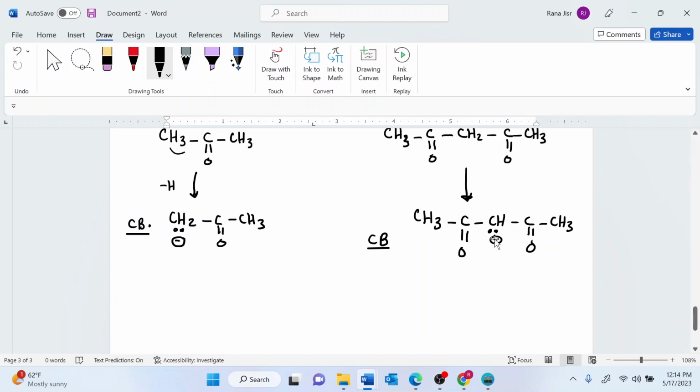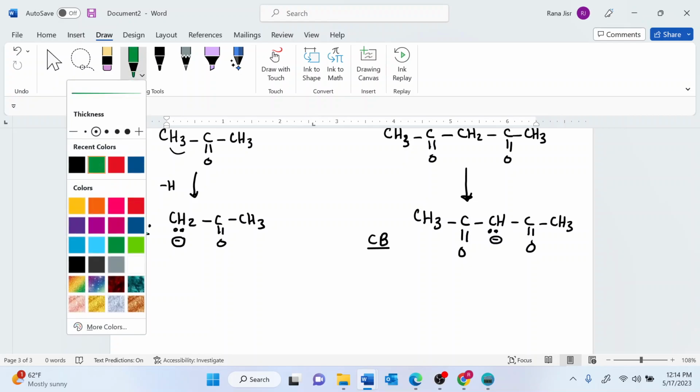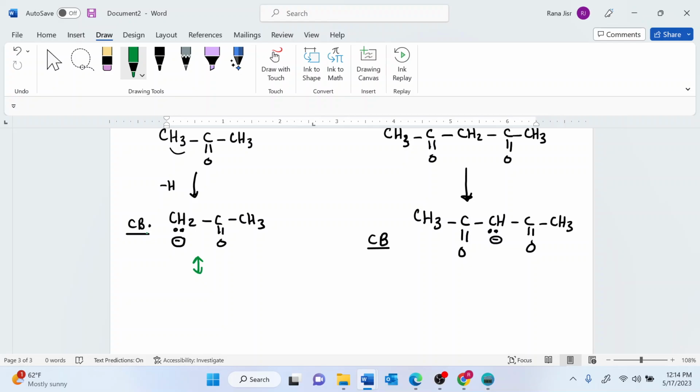The more the negative charge is localized on the oxygens, because oxygen bears the negative charge better than carbon, the more acidic the acid is. So if I want to do the resonance structure here, you start with the lone pair, move it towards the single bond, the double bond is going to form, and the negative charge moves. So my resonance structure here is going to have a double bond and O negative.